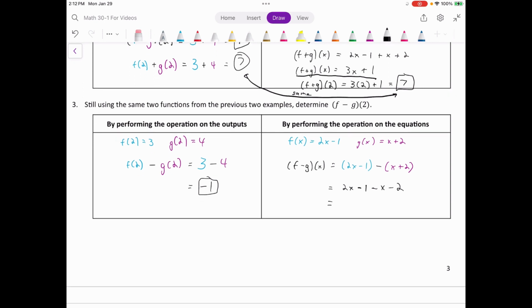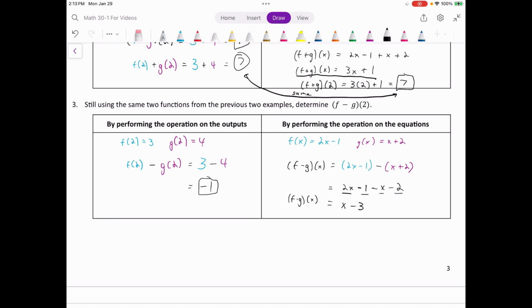So f minus g of x is 2x. Let's combine like terms here. 2x minus x, that just leaves me with 1x, or x. And then negative 1 subtract 2, combine those like terms. Negative 1 subtract 2 is negative 3. So in general, the equation for f minus g of x is just x minus 3. Now that's great. That could work for any x.